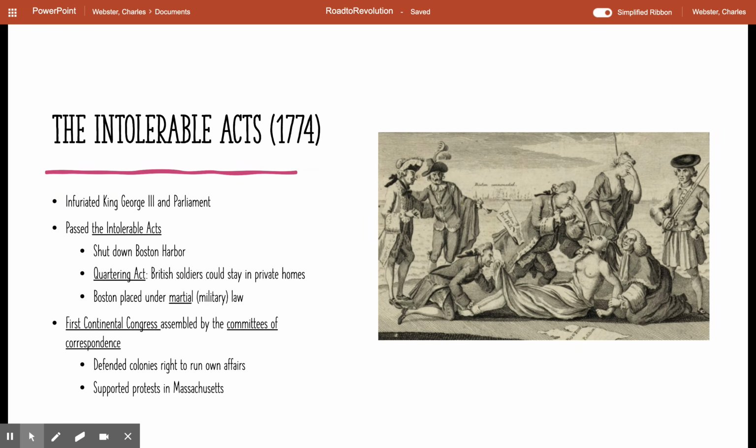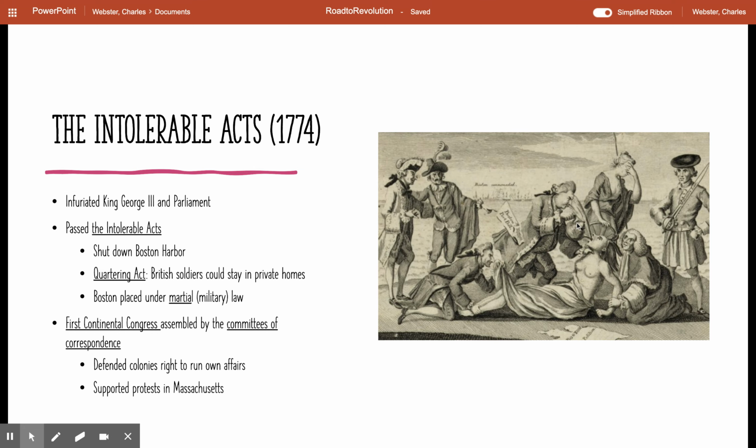And this right here, you can see on this slide, this was a cartoon in this picture. And it kind of sums up the punishment they believed was happening here in America. So you can see here is America in the image. She's right in the middle. She's being stripped, right? Being forced to drink tea.